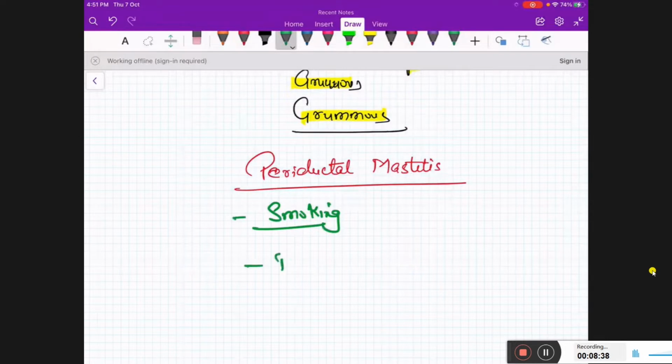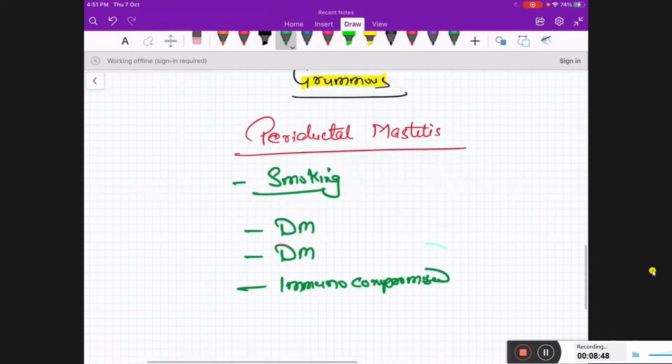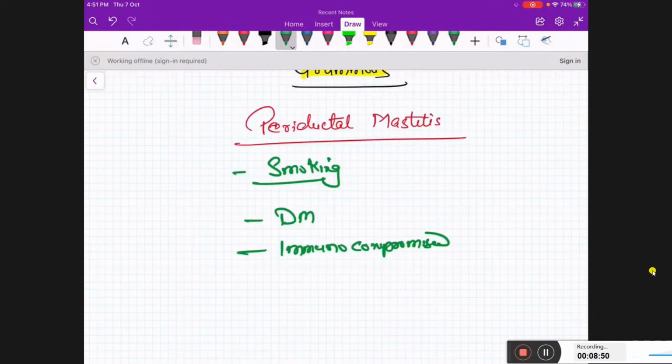If the female is diabetic or immunocompromised also, then there can be a risk of periductal mastitis. And once there is periductal mastitis, any inflammation, once it settles, settles with fibrosis.